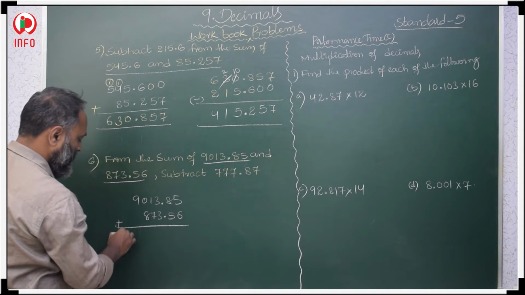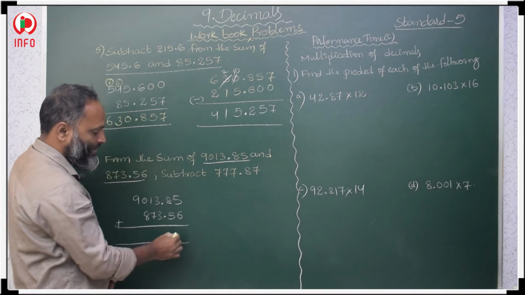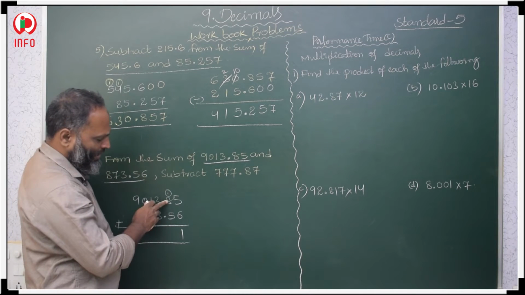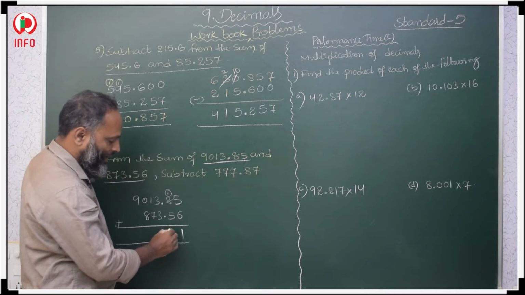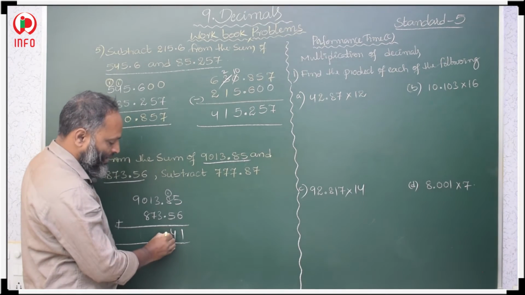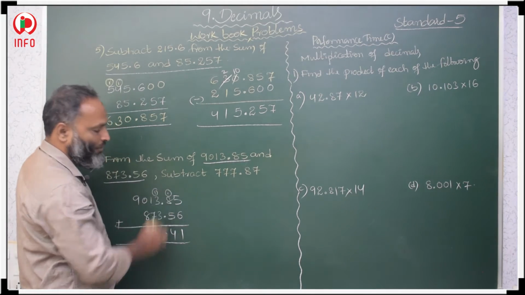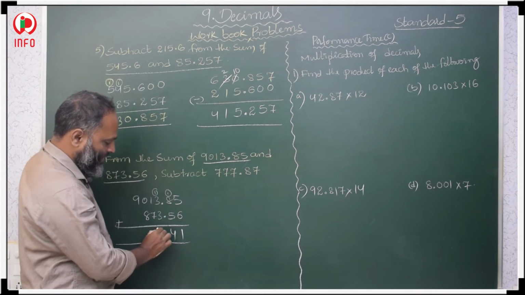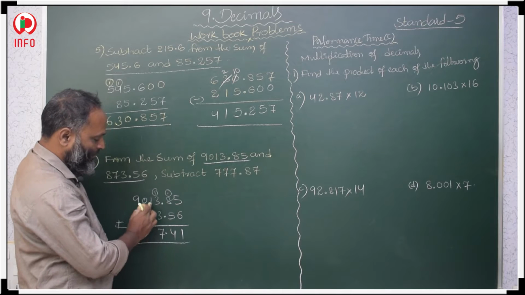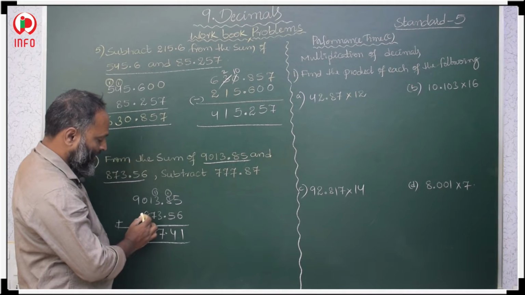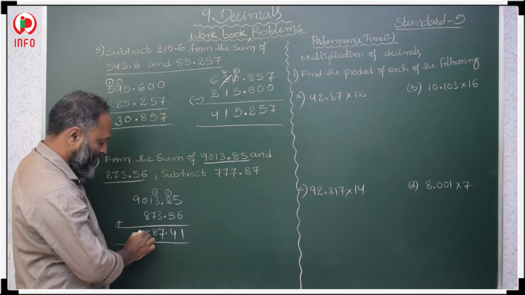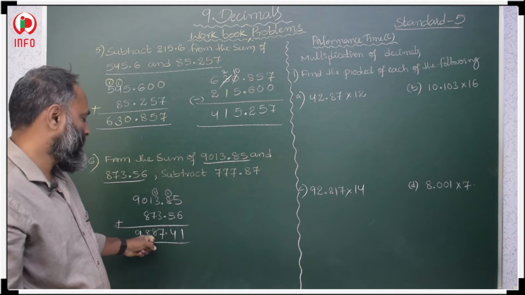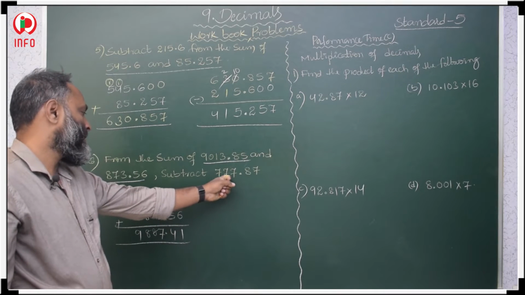Now add. 5 plus 6, 11, 1 here and 1 carried over to the next place. 8 plus 1, 9, 9 plus 5, 14, 4 in 10's place and 1 we carry over to 1's place. 3 plus 3, 6, 6 plus 1, 7, and after that 7 plus 1, 8, 8 plus 0, 8 and 9. 9887.41. From this sum, again we should subtract this one.